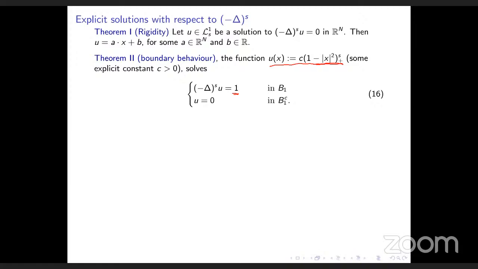This function also provides the boundary behavior of all solutions, because it's like the distance function to the ball, 1 minus |x|, to the power s, which is the distance function to the boundary. And this is the boundary behavior for solutions, which means one cannot expect, in general, better than this for solutions.